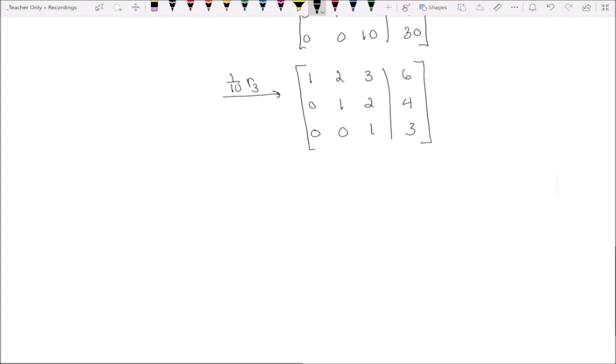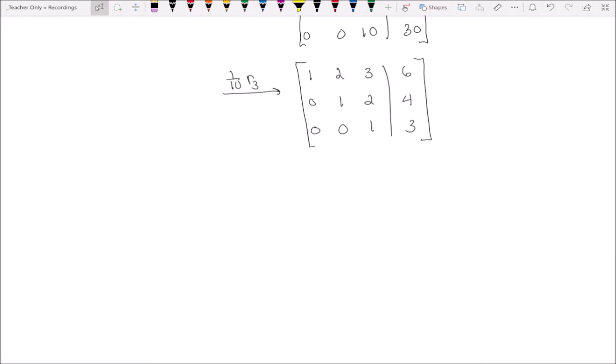Now we have to interpret this, right? So put this augmented matrix into its system. This gives us x plus 2y plus 3z is equal to 6. y plus 2z is equal to 4. And z is equal to 3. Notice that last row tells us what z equals. We now have to do backward substitution to determine the remaining two.